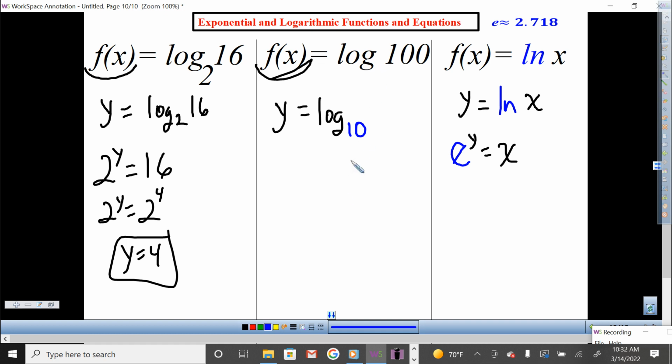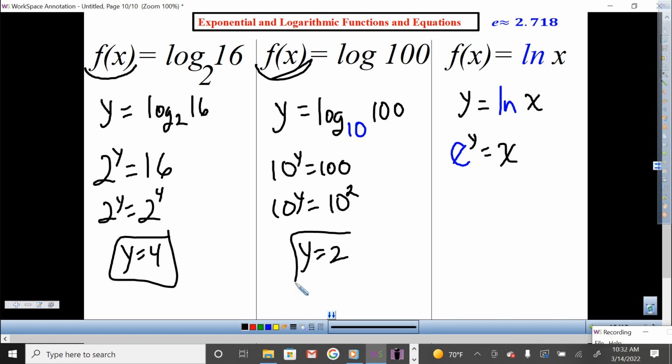Whenever there's no base, you write 10, then I'm going to bring down 100. Continue from there. Edwin, go. 10 to the y equals 100. 10 to the y equals 10 to the what, everyone? Second. So this is y equals 2.